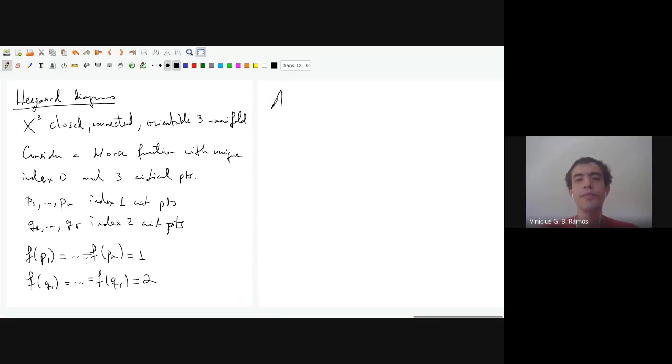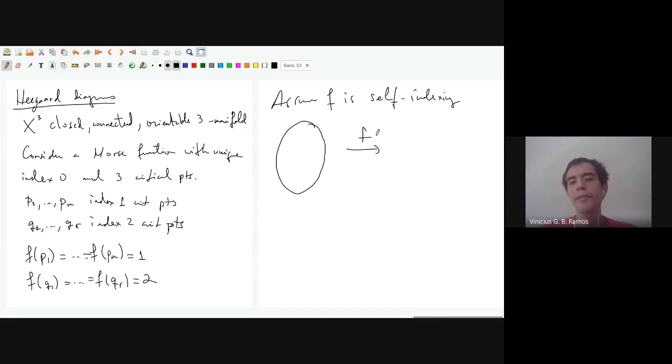So we can assume f is self-indexing. If this is my three manifold, then this is my Morse function. The maximum is attained at level 3, the minimum at level 0, all the index 1 critical points at level 1, and all the index 2 critical points at level 2.